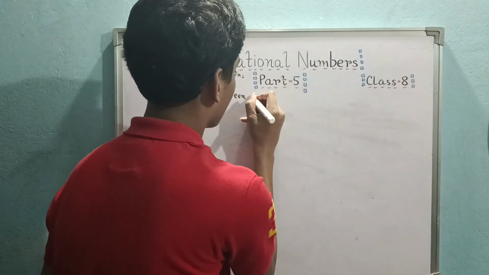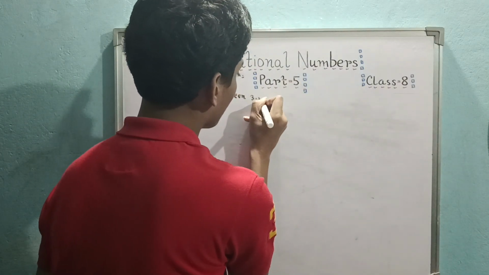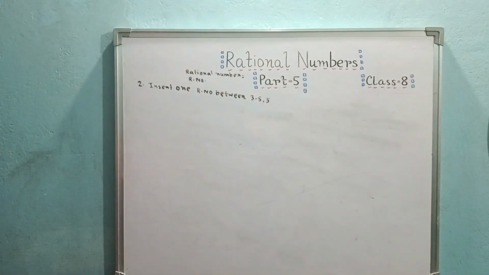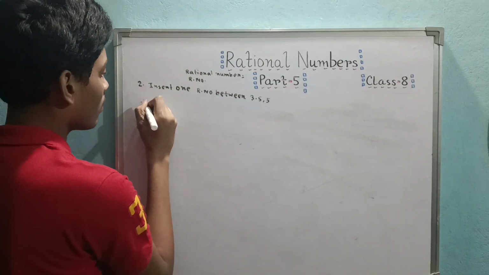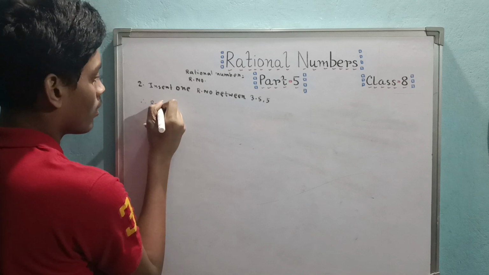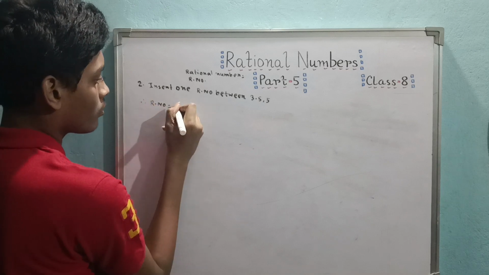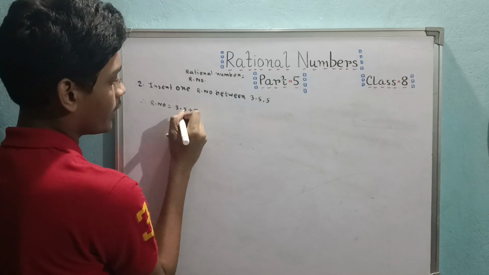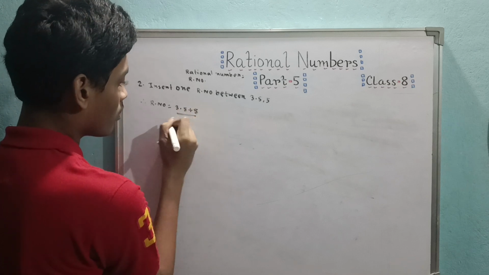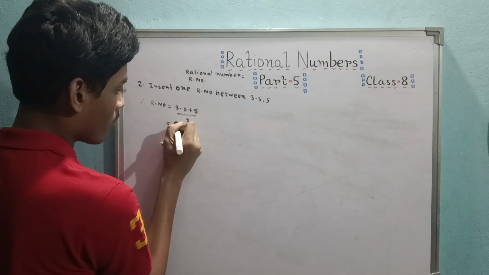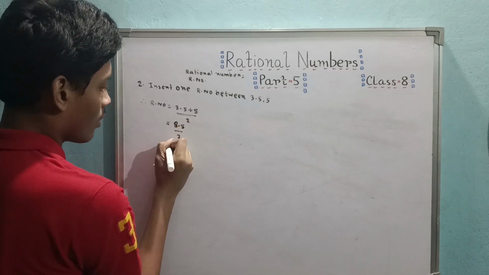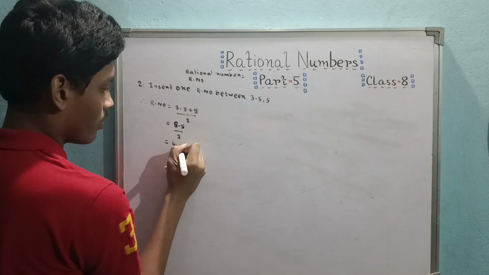Between 3.5 comma 5. I told you one rational number between A and B equals A plus B by 2. For R number equal to 3.5 plus 5 by 2 equal to 8.5 by 2. 8.5 by 2 is equal to 4.25.